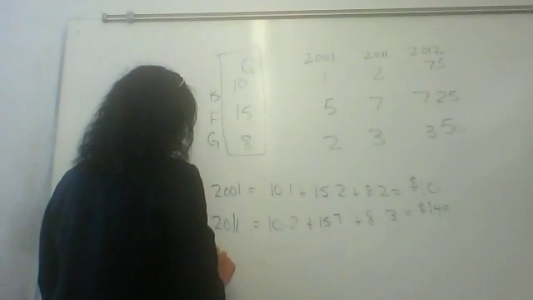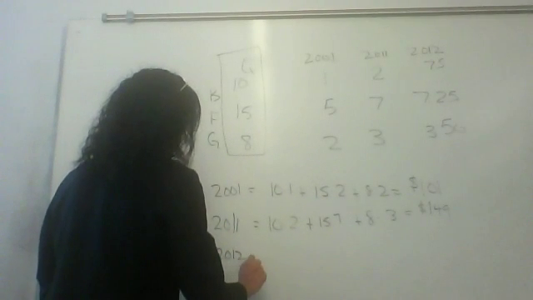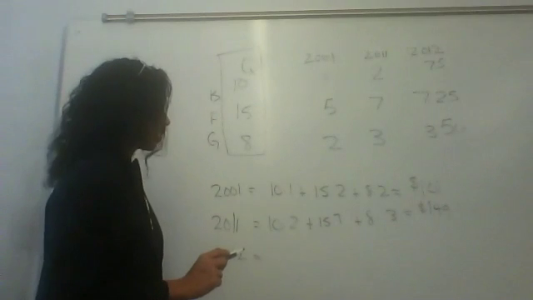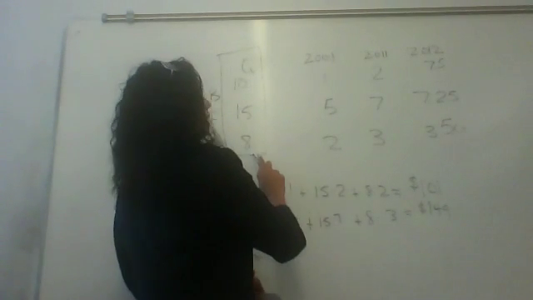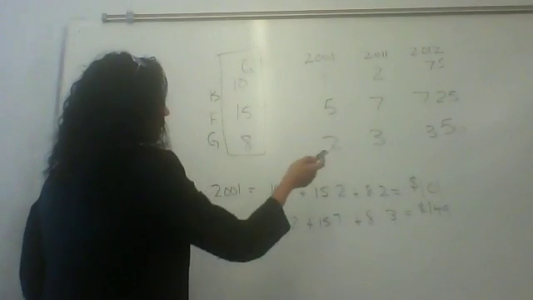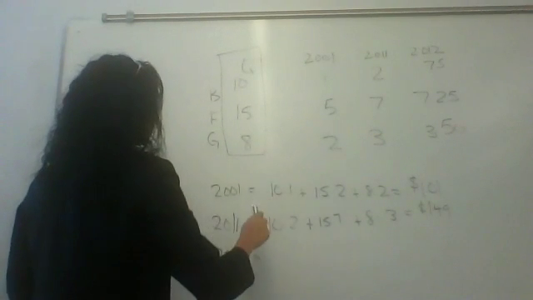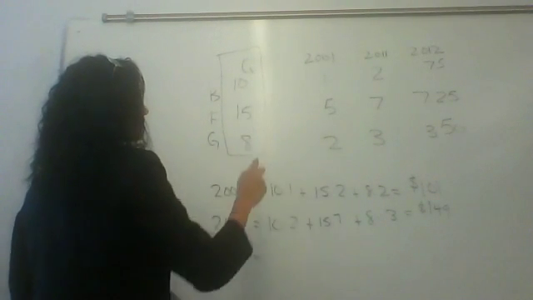Then the expenditures in 2012. All right, 2012, I'm going to say 8 times the price in 2012, which is $3.50, 15 times $7.25, 10 times 75 cents.